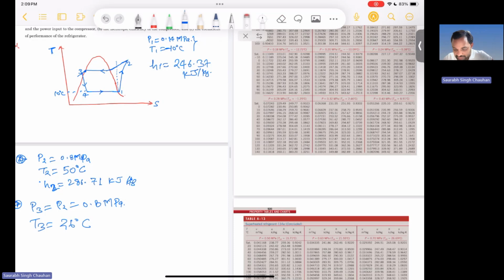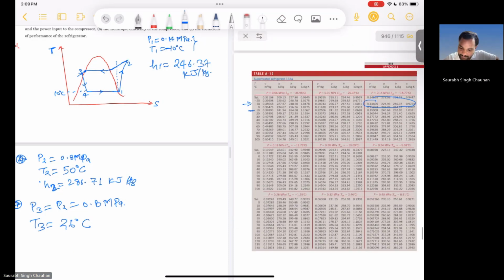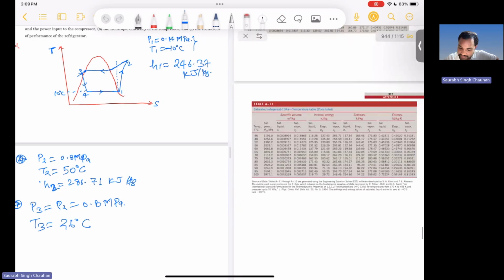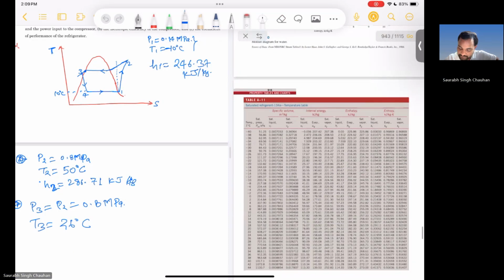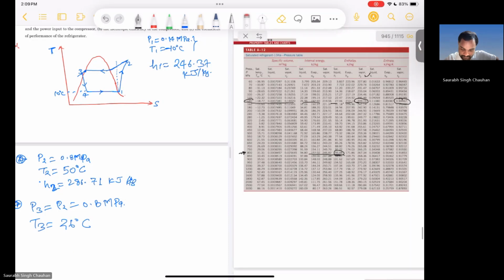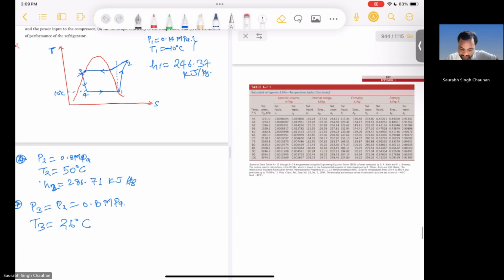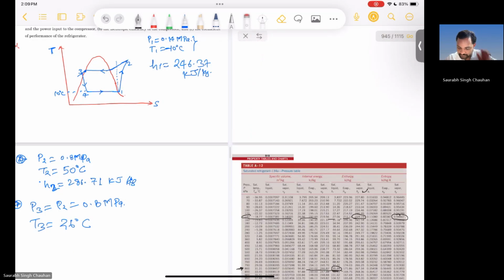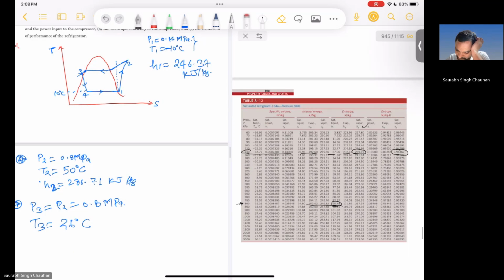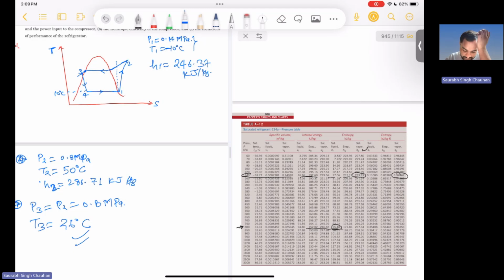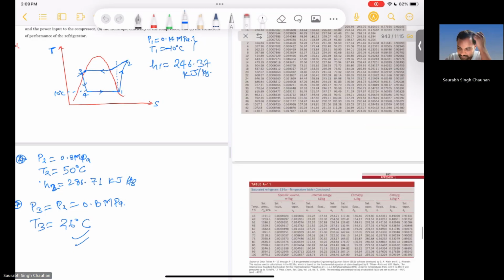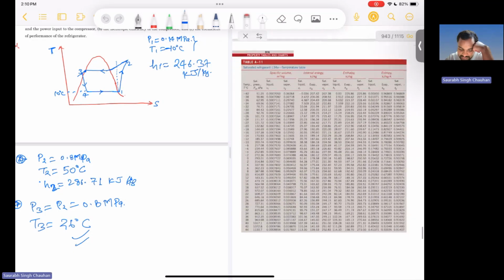We'll use the saturated table, or we can use the temperature, 26 degrees Celsius, which is very near the saturation line.